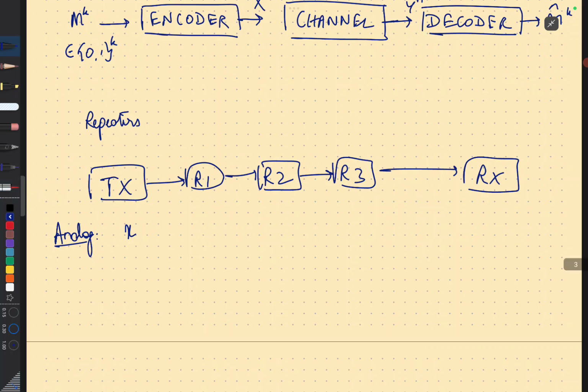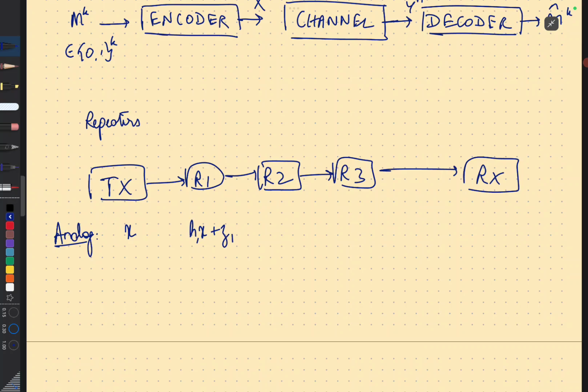The output of receiver 1, you would get some attenuated version, hx plus, let me call this z1. So receiver 1 sees hx plus z1, all right? Or let me call this h1x plus z1. So in a purely analog communication system, the repeater 1 would just amplify this. Maybe it knows the attenuation level exactly, all right?